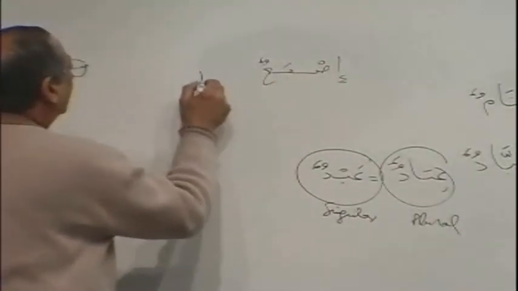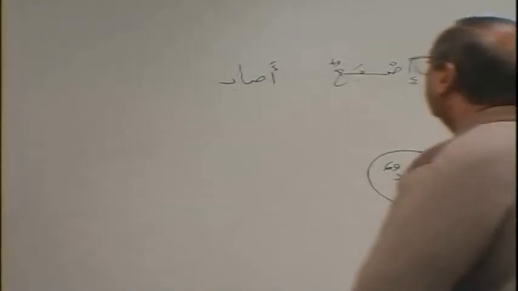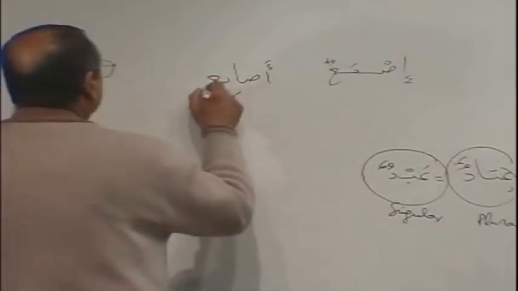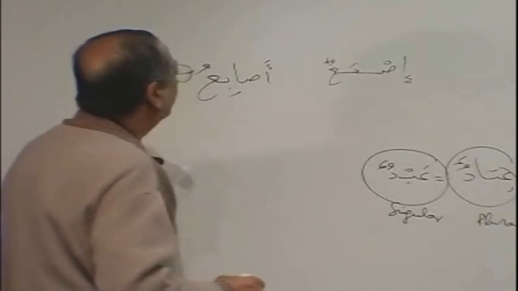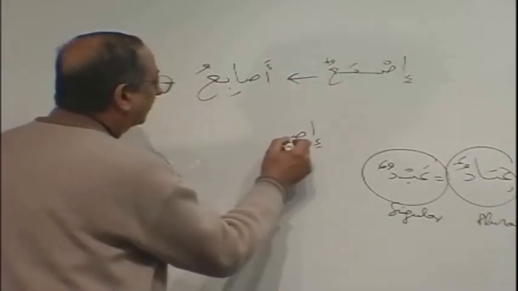And what will be the plural? It is on the wazan of mafa'ilu. Asabi'u. Okay, asabi'u. That is your plural, brother. Write down this also, brother.